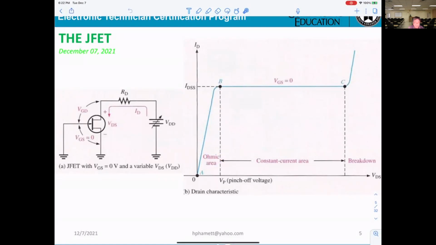Same thing on the bipolar: this area would be saturation. On the JFET, it works as a resistance. That's what they call the ohmic area. And then from B to C here, VGS equals 0. You understand me?